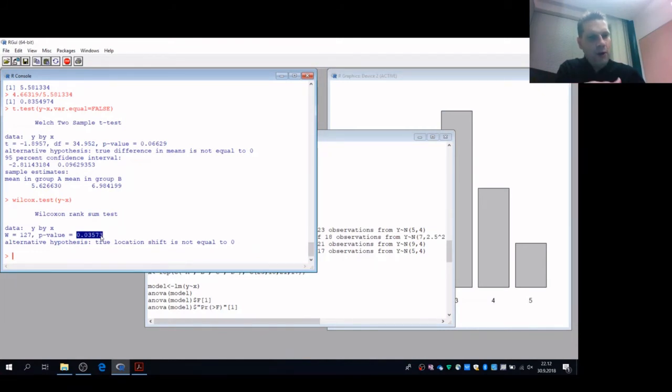But usually it goes the other way around, so that the Welch t-test or classical t-test can say that there's a statistically significant difference in population means. However, the Wilcoxon rank-sum test can, in many cases, say that even in those cases when the t-test would reject the null hypothesis, in the Mann-Whitney test case it would just hold.